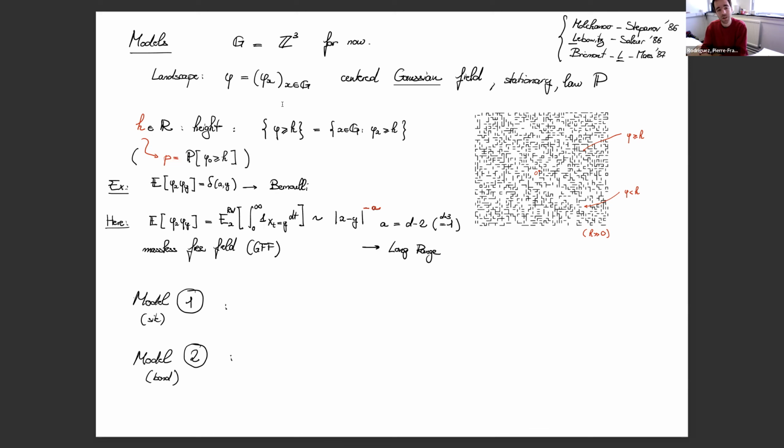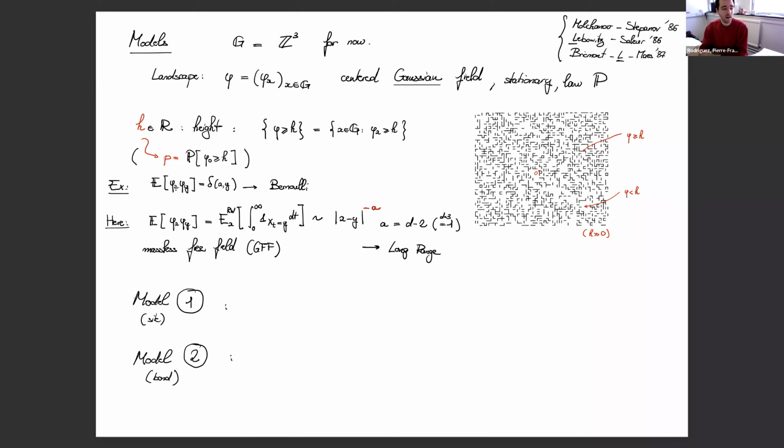Since you're in 3 dimensions, the walk is transient, this is finite, and it in fact decays like distance to some small power a, where a is d minus 2, which is equal to 1 in dimension 3. This puts you in a different universality class, presumably, because this decay of correlations is so strong that you do not expect, for instance, this model and this model to have the same critical exponents.